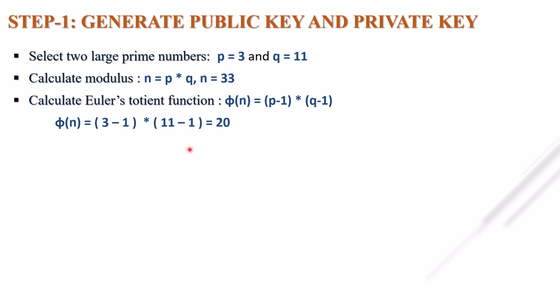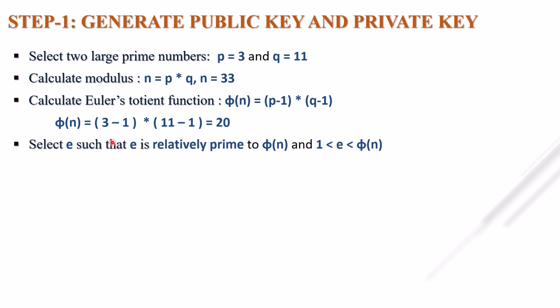If I select 3, it may be a yes, the common factor is 1, because the factors of 20 are 1, 2, 4, 5, 10 and 20. And the factors of 3 are 1 and 3, so the common factor is 1. So we can select E is equal to 3, we can select E is equal to 7.